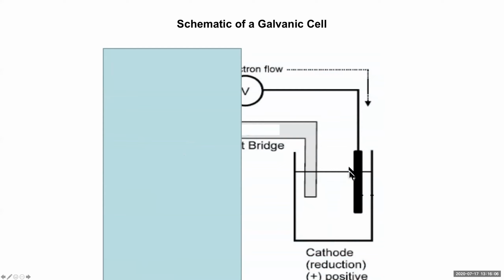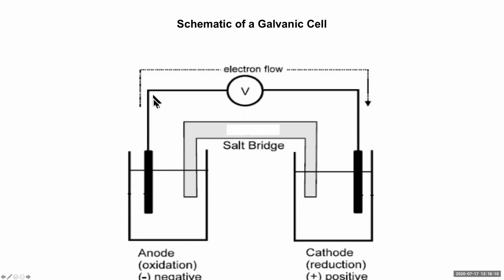And we have an electrode on this side. The electrodes are connected by a wire, and this is where the electrons go through. Along this wire, you can have a voltmeter. It tells you how many volts. That's the potential energy that's being produced by this electron flow. And instead of a voltmeter, you could have an electric motor that would be running.